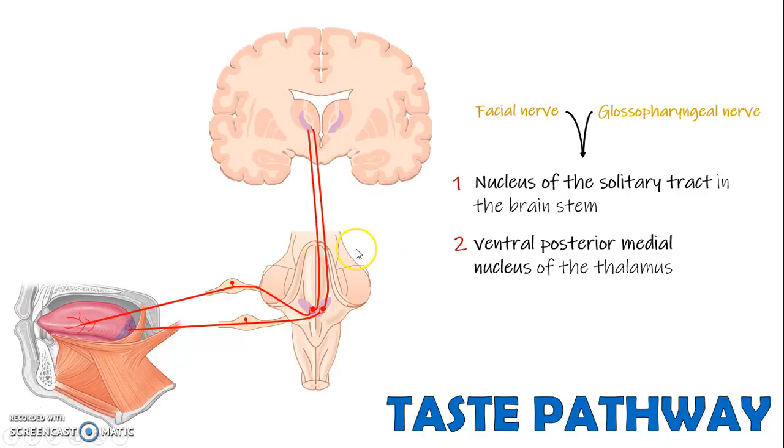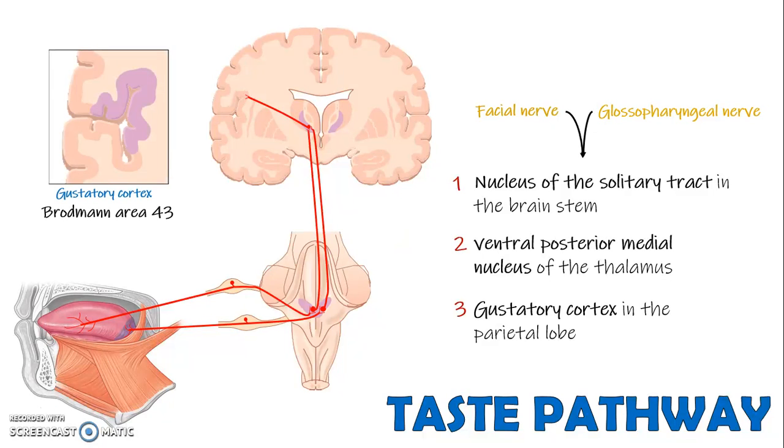And the third neuron goes to the gustatory cortex in the parietal lobe. The gustatory cortex is Brodmann area 43. And that's the taste pathway.